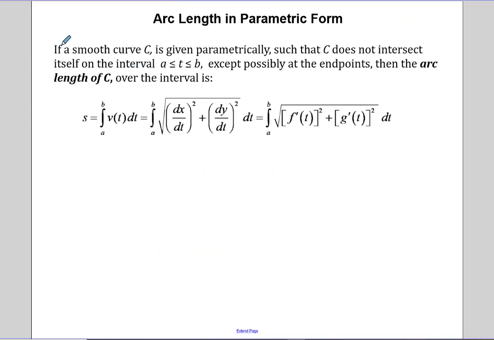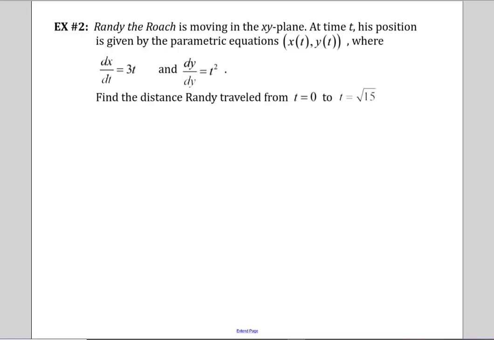Arc length in parametric form says if we have a smooth curve C given parametrically, such that C doesn't intersect itself on the interval from A to B inclusively, except possibly at endpoints, then the arc length of the curve over the interval can be calculated by any one of these formulas. So we'll apply that with a Randy the Roach question.